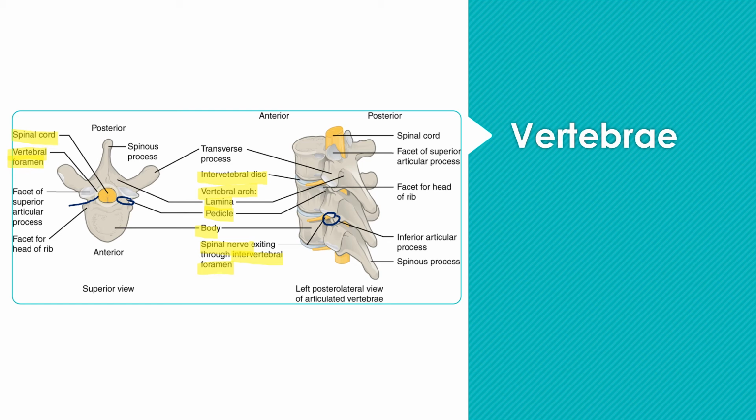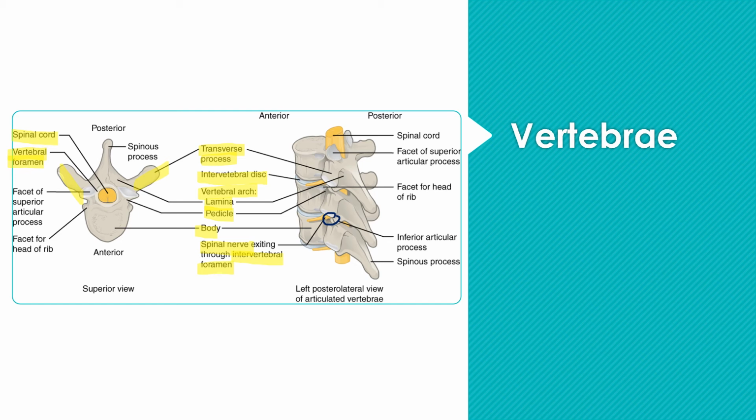Now there are 7 processes that arise from the vertebral arch. At the point where the lamina and the pedicle join, a transverse process extends laterally on each side. So we can see these 2 big transverse processes here.